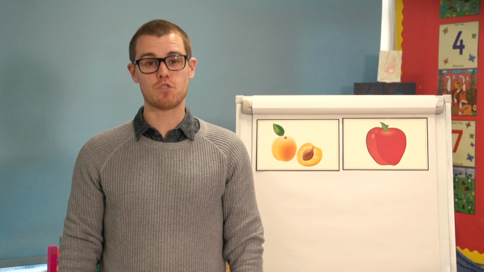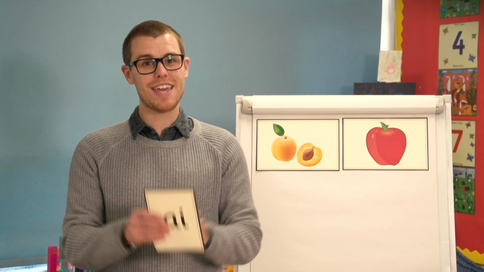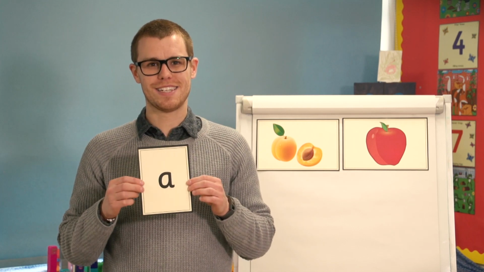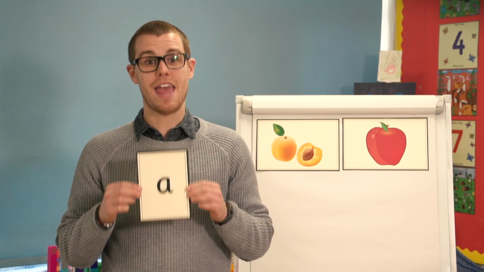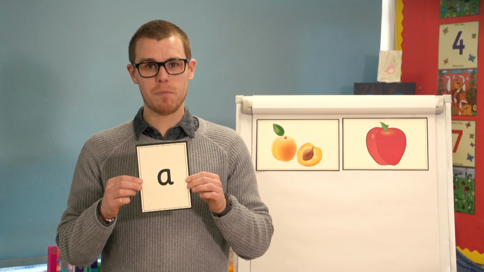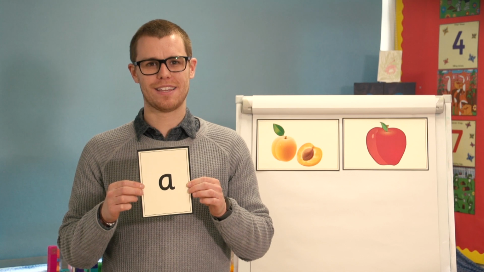Fantastic reading, well done. We know the sound A is written like this. There is another way to write the sound A, and it looks like this. This grapheme can make the sound A or A. Now let's sort some words.